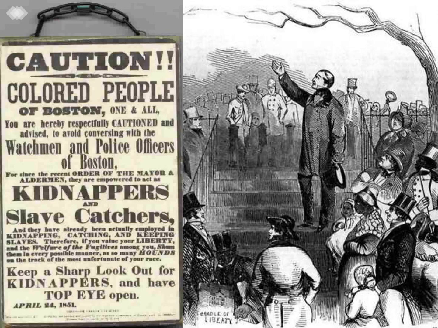If the Fugitive Slave Act succeeded in doing anything, it was to agitate Northerners and bring them closer and closer to the abolitionist cause and further normalize the abolitionist cause. You can see a sign warning the people of Boston not to cooperate with the authorities.